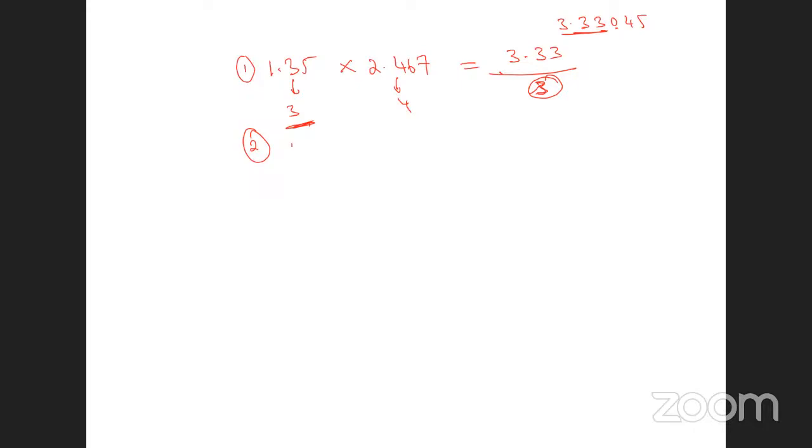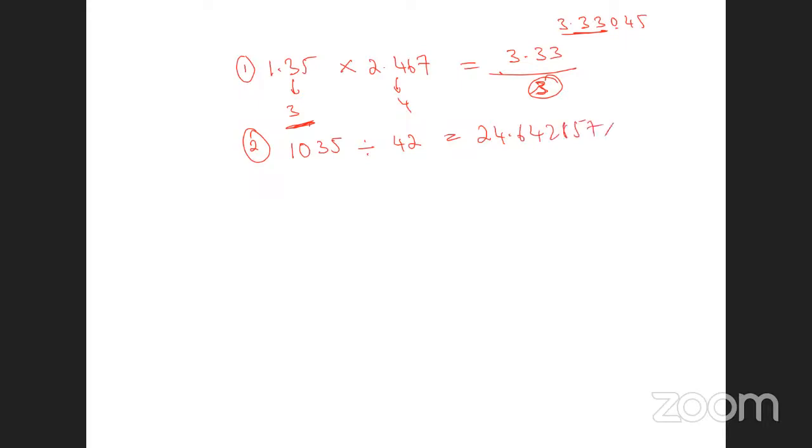Next one, 1035. We divide by 42. So 1035 divided by 42. The number I get here would be 24.64285. It goes on like that.